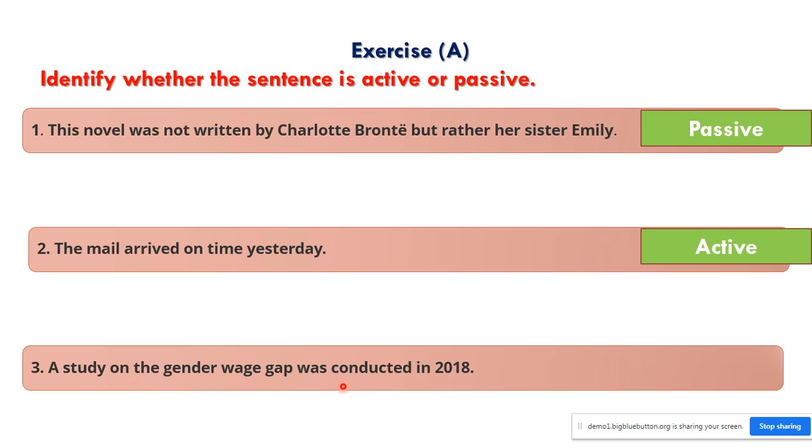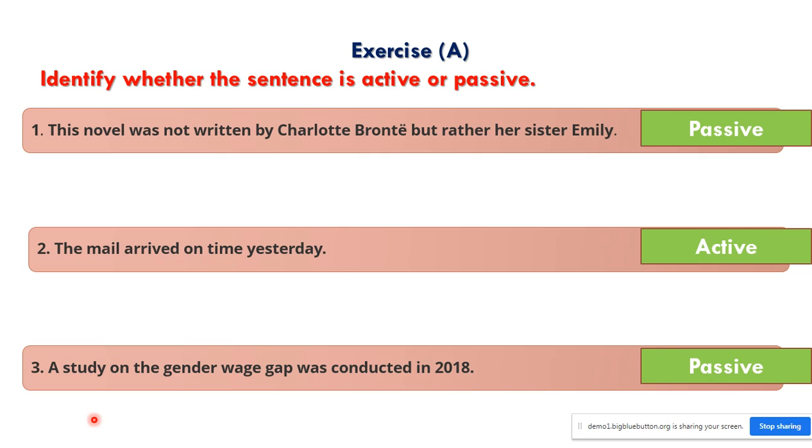Was conducted is the verb itself, and as you can see, we don't have an object, since the study is receiving the action of being conducted, right? The study is not performing the action here, but receiving it. So the study acts like a subject and a recipient at the same time, and when the subject is a recipient, this sentence will be passive voice.